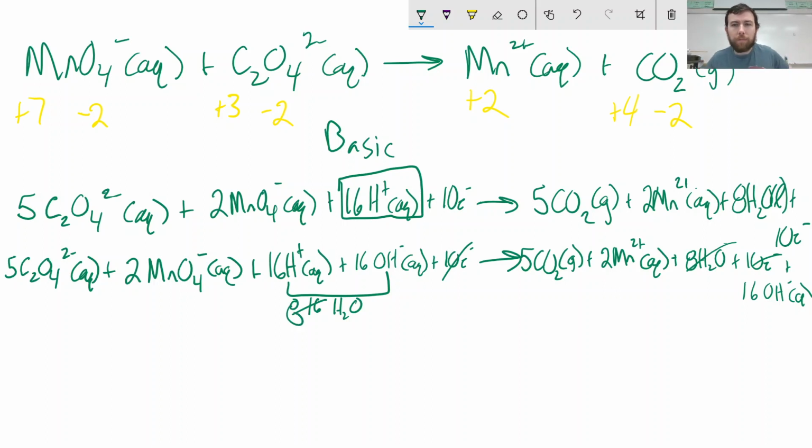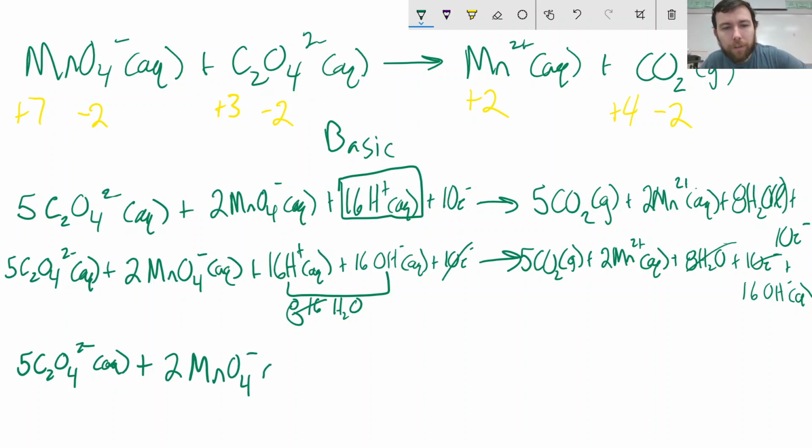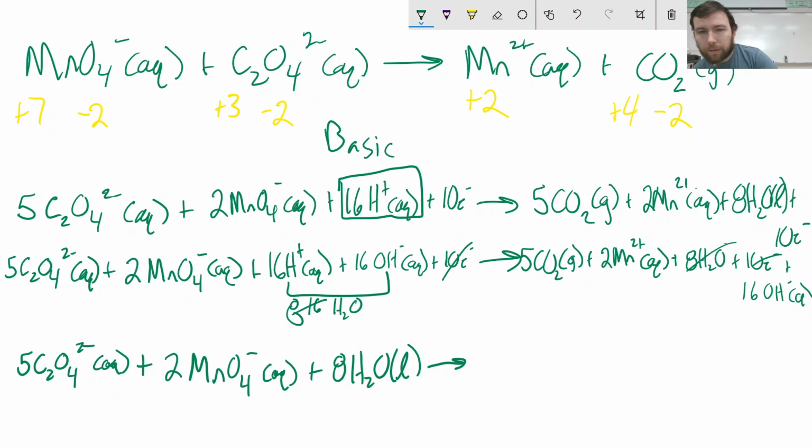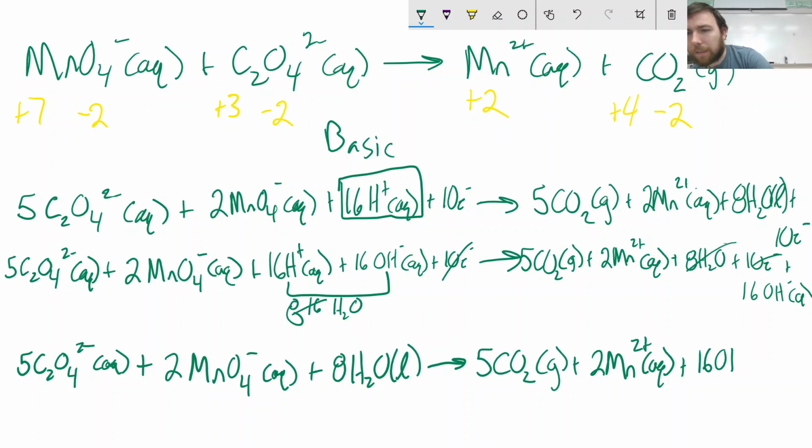So in basic solution, if I now rewrite this, my balanced redox reaction is going to be 5 C2O4 2- (aq) plus 2 MnO4- (aq) plus 8 waters produces 5 carbon dioxides plus 2 Mn2+ plus 16 hydroxide ions.